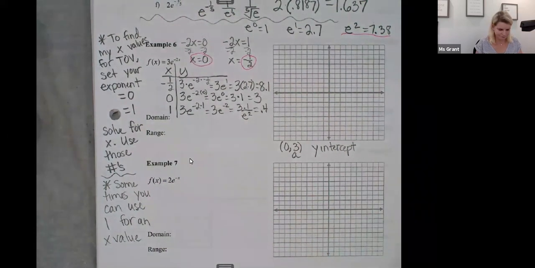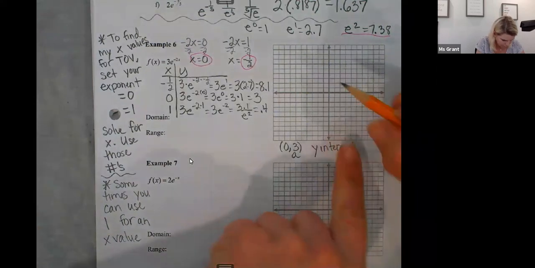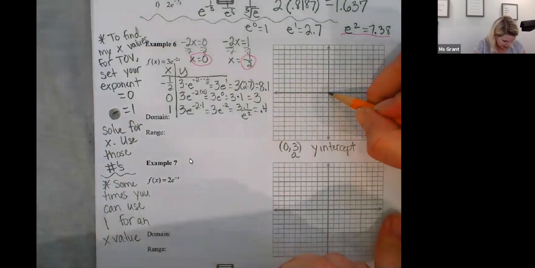Let's graph it. Okay. Negative 1/2, comma 8.1, or negative 1/2 up 8.1.